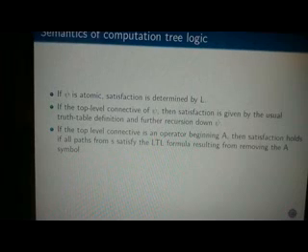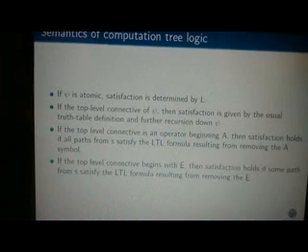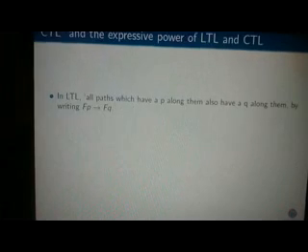If the top level connective is an operator beginning with A, then satisfaction holds if all paths from S satisfy the LTL formula resulting from removing the A symbol. Next, if the top level connective begins with E, then satisfaction holds if some path from S satisfies the LTL formula resulting from removing the E.